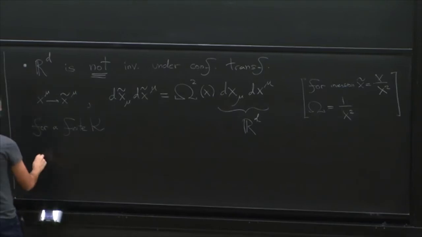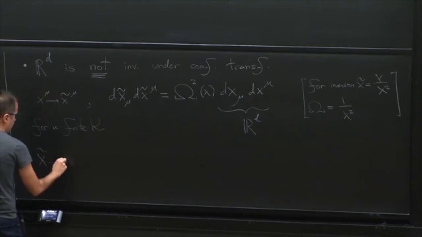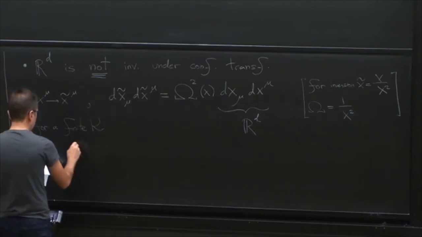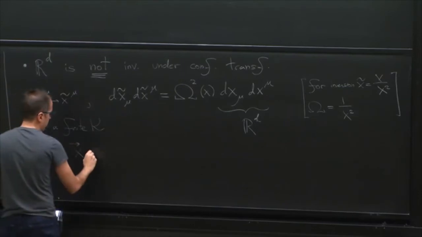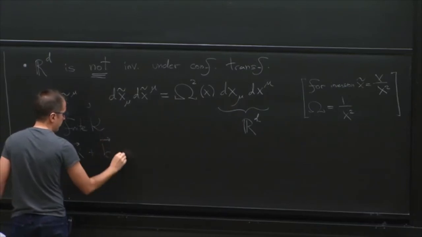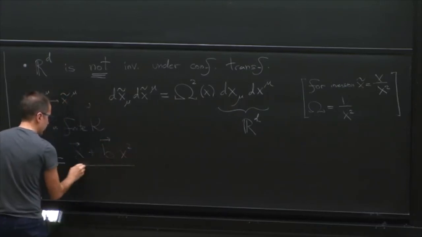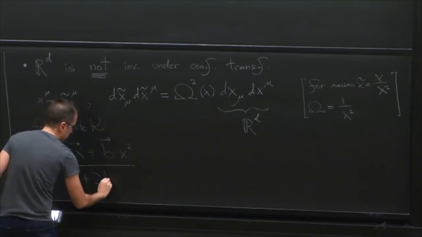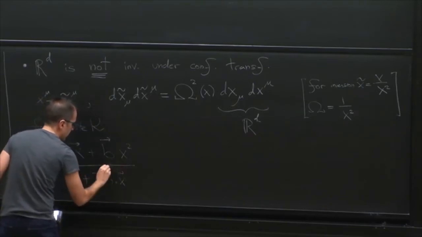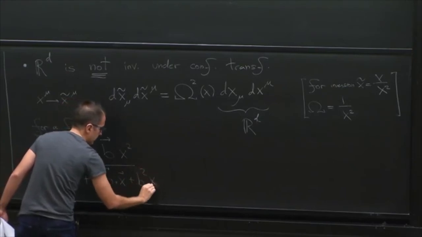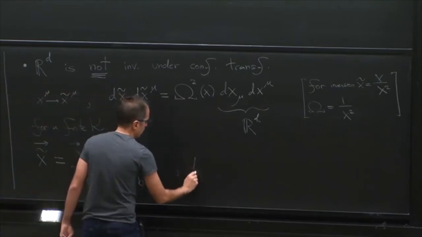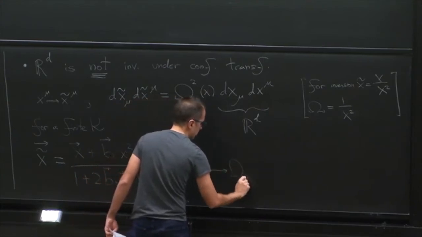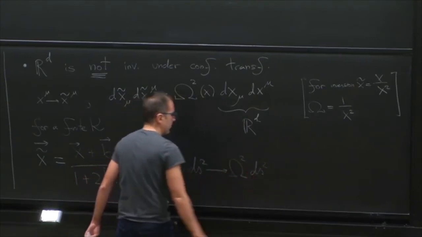Let me write how it would transform. The vector x tilde would be equal to x plus some translation by b times x squared, divided by 1 plus 2b dot x plus b squared x squared. This is a conformal transformation. And under this transformation, the metric ds squared goes to omega squared ds squared.